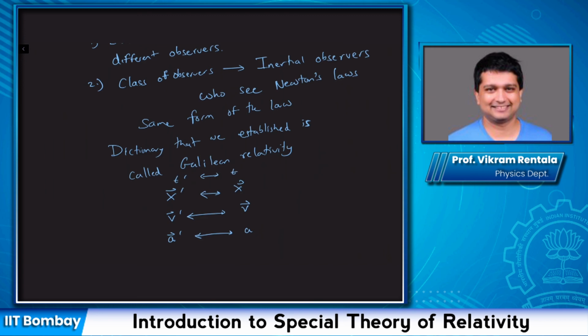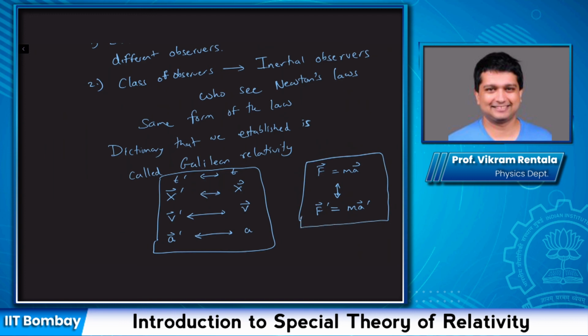Okay. And after we make the appropriate dictionary transformation to the physical laws, the physical laws preserve exactly the same form. Okay, with no pseudo forces, no extra things that you need to introduce into the physical law.